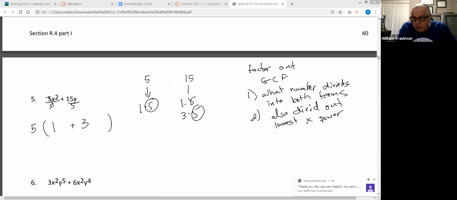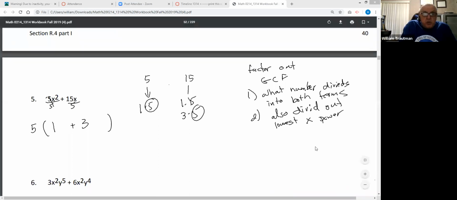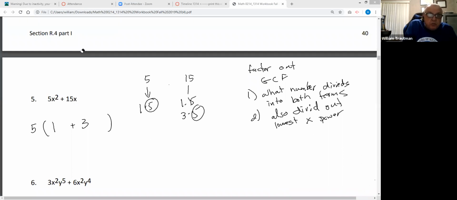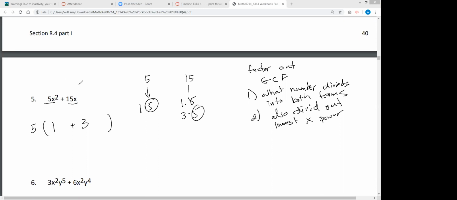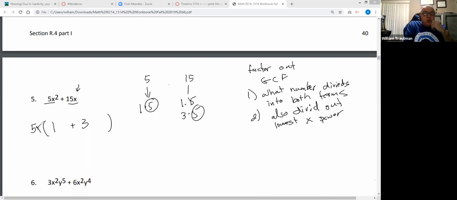Divide out the lowest x power. So if we look at both of these terms, there's only 2 terms here. What's the lowest x power? It's not a trick question. Which one of these has the lowest x power, and what is it? 15x. Yeah, it's just x to the 1 power. So we're dividing out x to the 1 power.